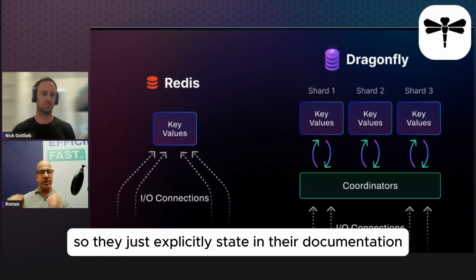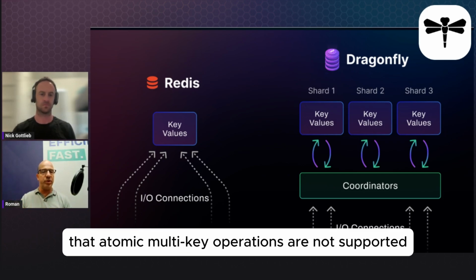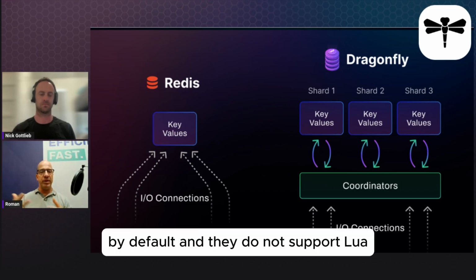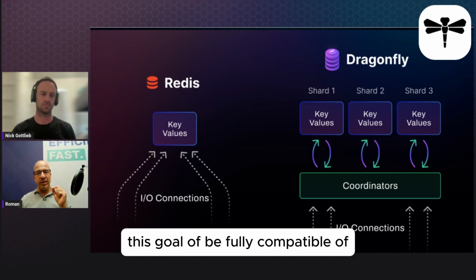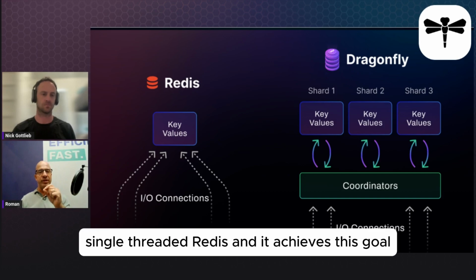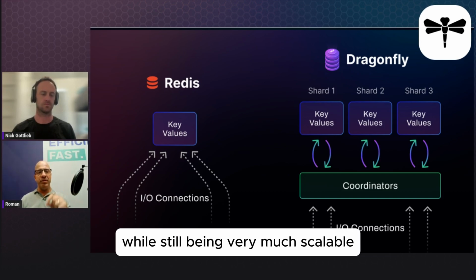They explicitly state in their documentation that atomic multi-key operations are not supported by default, and they do not support Lua. So Dragonfly is unique in that it set the goal of being fully compatible with single-threaded Redis, and it achieves this goal while still being very much scalable.